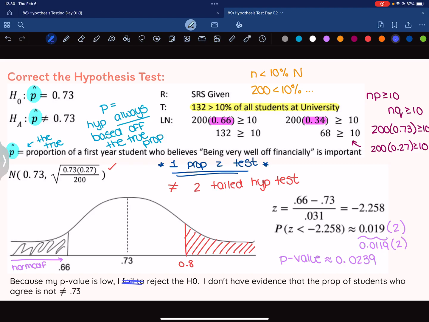Now I do have evidence. That's the whole point. I have evidence to support that the true proportion of students who agree is not equal to 0.73. That not equal to idea comes into play.